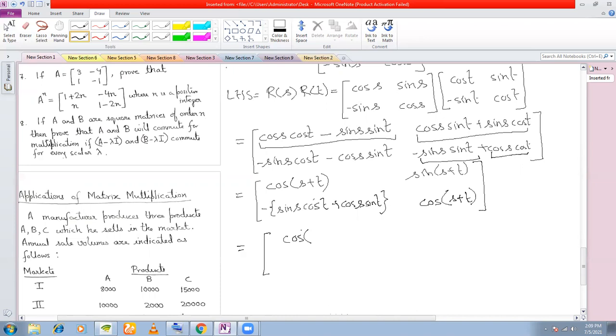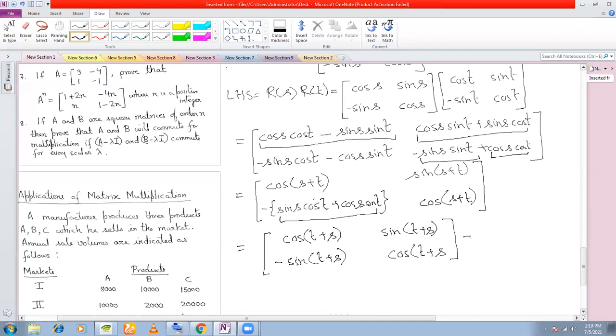You need to prove this is equal to R(S plus T), yes, T plus S. So this is cos (T plus S). This is sin (T plus S). This is again what form? Sin A cos B plus cos A sin B, right? So this is minus sin (T plus S). And this is cos (T plus S). Right?